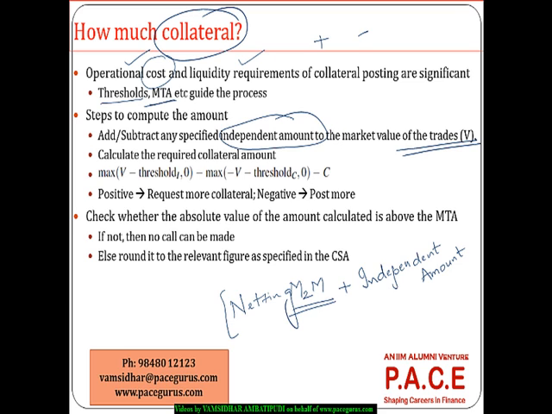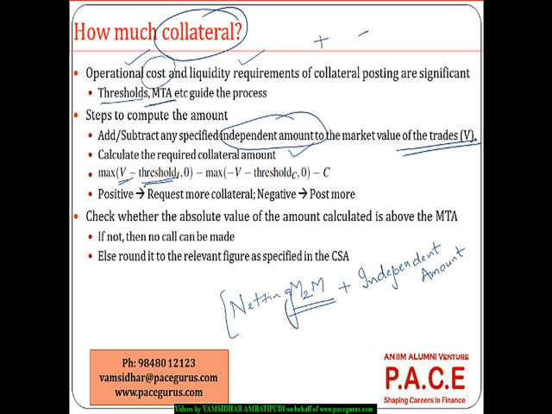Right? So, I have to collect that much of independent amount. So, if I have paid the independent amount, that is the exposure that is coming out. Now, the required collateral comes out as the mark-to-market value of the trade if it is positive minus the threshold, because up to threshold I cannot take any kind of collateral, right?